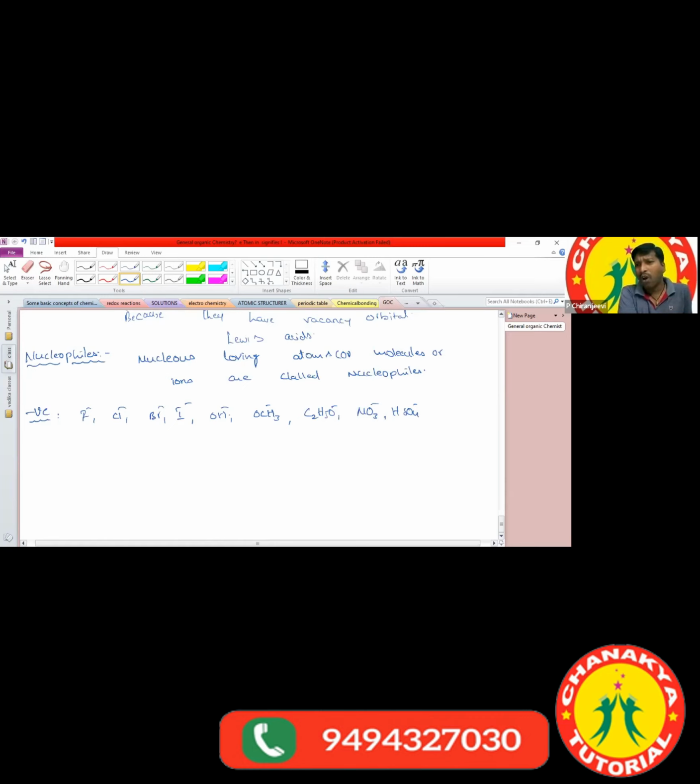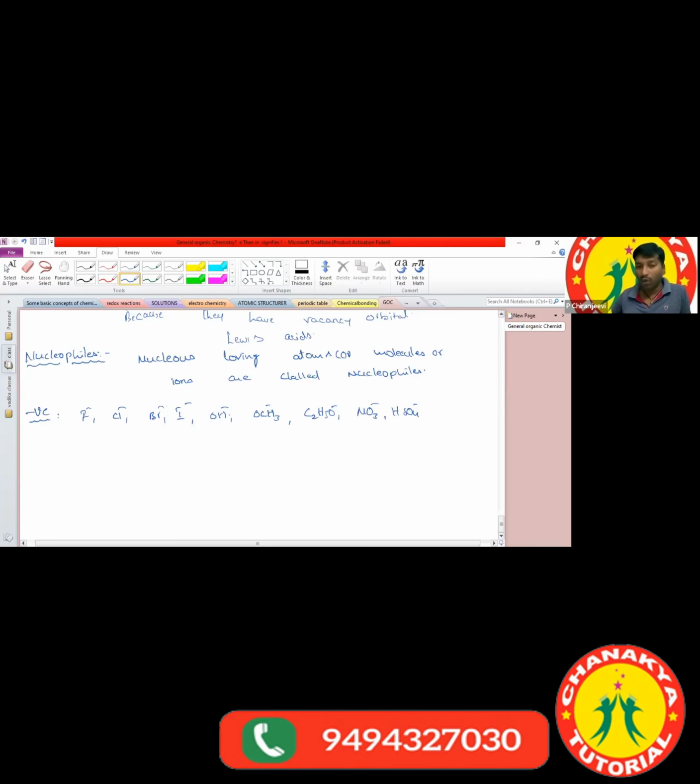All are anions, having more electron density, so they attract positively charged species. The nucleus has a positive charge only, because protons and neutrons are present in the nucleus. That's why they are attracted towards the nucleus. The atoms or molecules or ions which are attracted towards the nucleus are called nucleophiles.